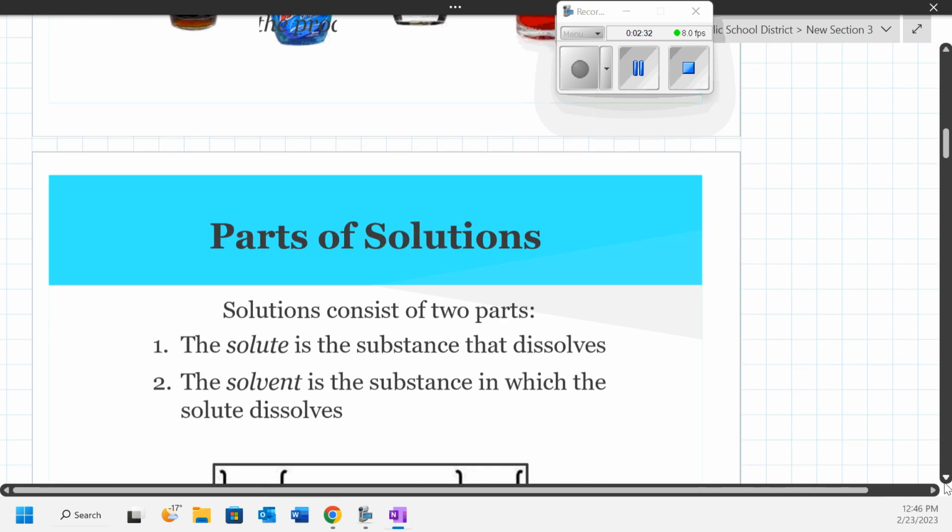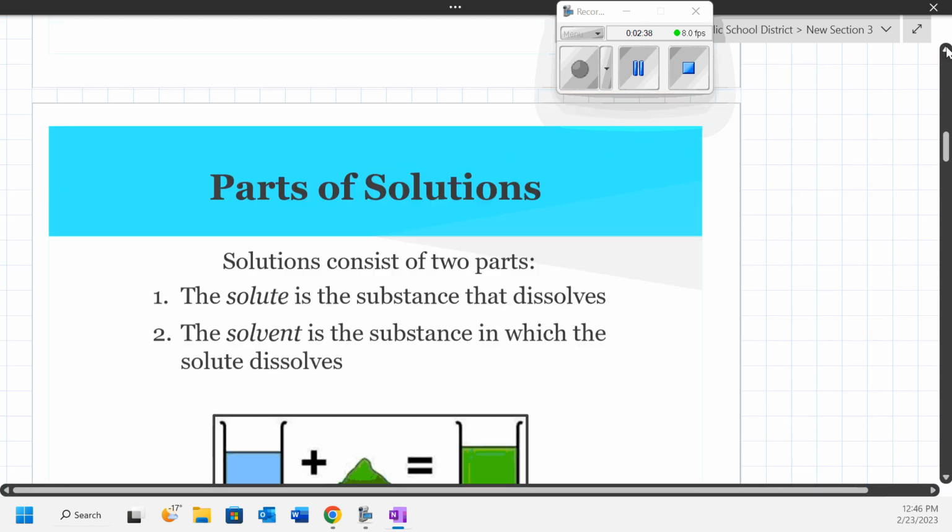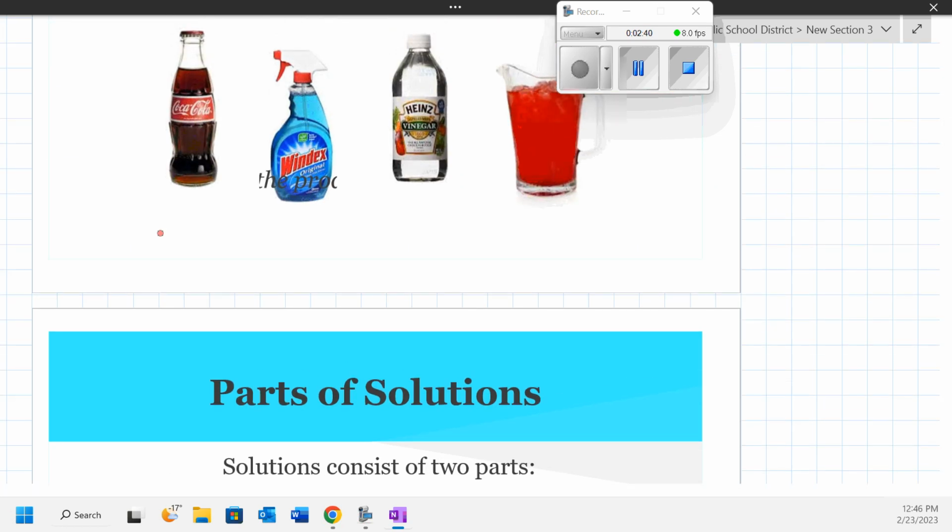So examples of solutions are those that you see here, like Coca-Cola, Windex, even vinegar because it is diluted, or this, which I'm assuming is either fruit punch or some tomato juice.